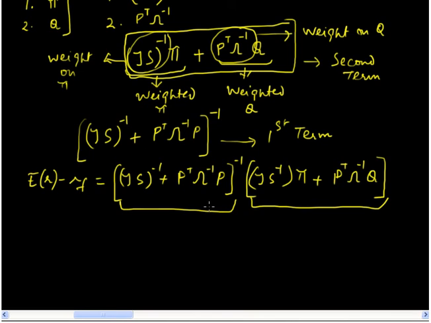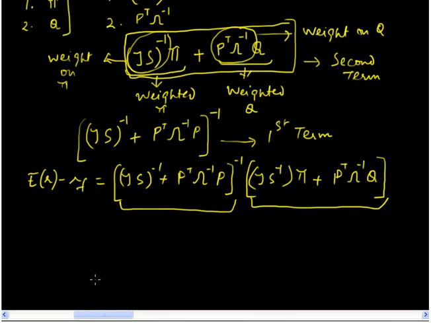The end result, in our case with a 3 asset portfolio, is going to be a 3 by 1 vector of expected returns, which would represent a mix of equilibrium returns, which we estimated by using market weights before, and our views.